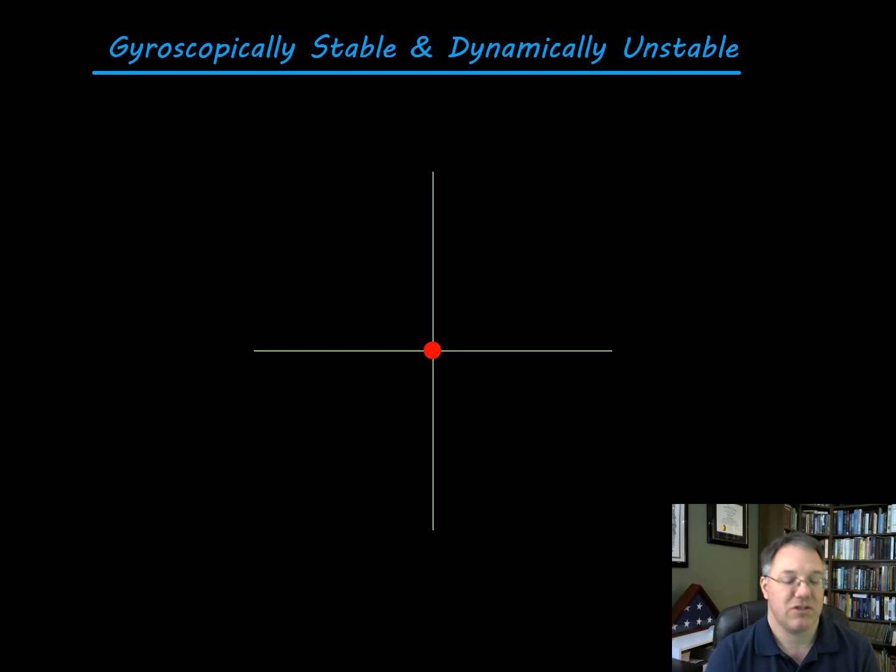We're just starting with the nose aligned with our velocity vector. What is going to happen to it? Gyroscopically stable is going to cause spinning that gets smaller. Dynamically unstable makes it just veer out to the side somewhere. So we get something like this.